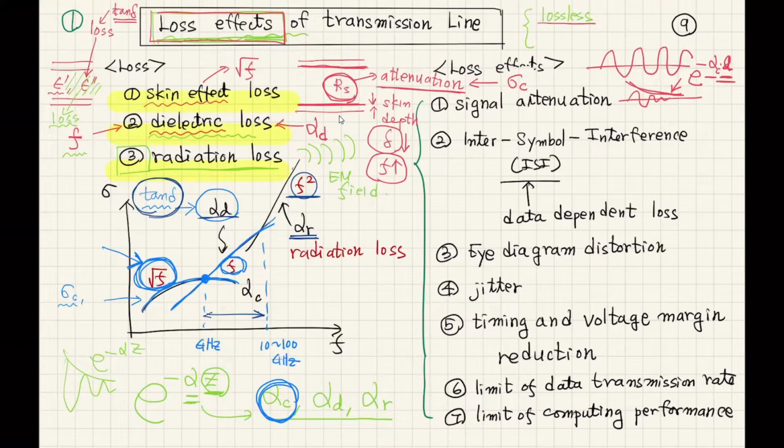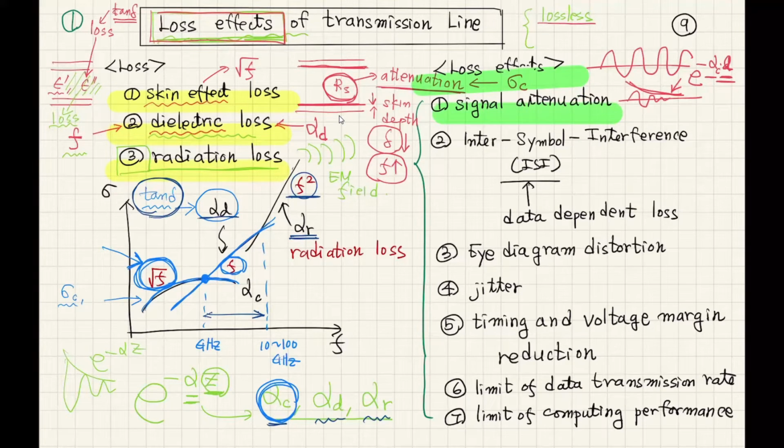Because of these three losses, conductor loss, dielectric loss, and radiation loss, we're gonna have some problems. Number one problem which we encounter when we are designing high-speed interconnection is signal attenuation.